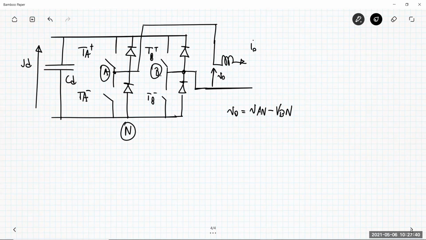The same happens for the moving average, VAN minus VBN averaged.